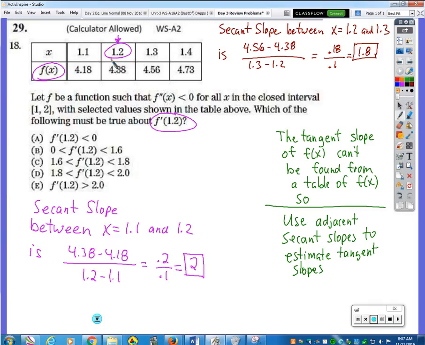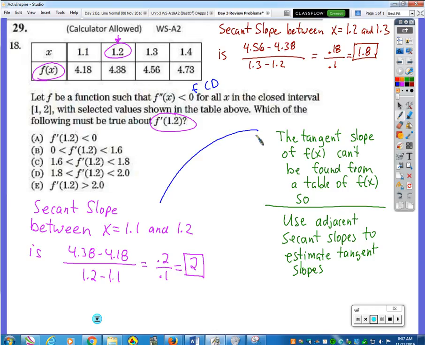A picture also helps, Maddie. This graph of f appears to be increasing. And they tell us that f double prime is negative, so that means f is concave down. So f's going to look something like this, I suppose.